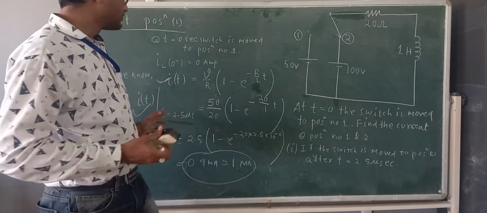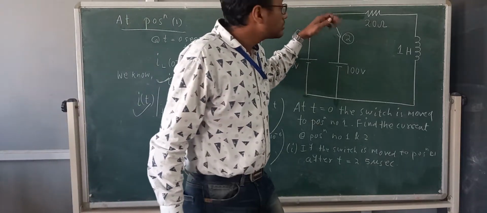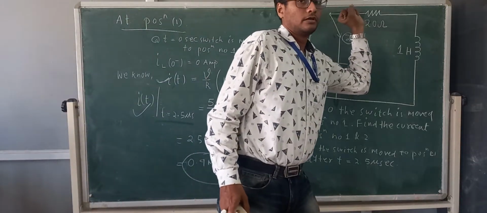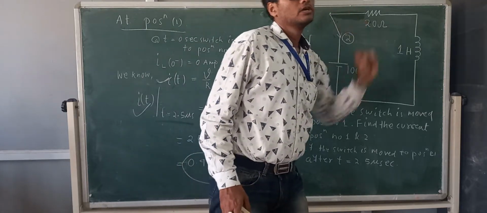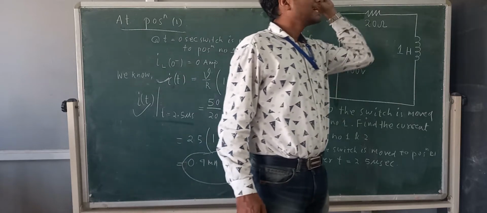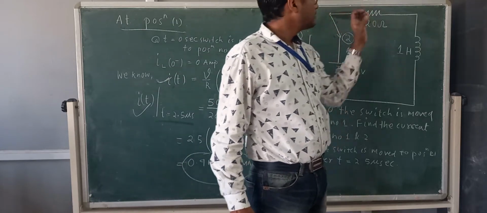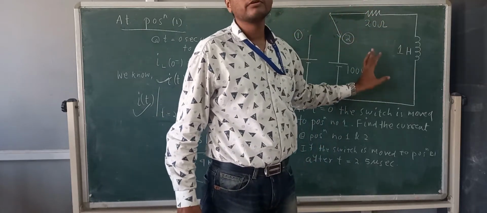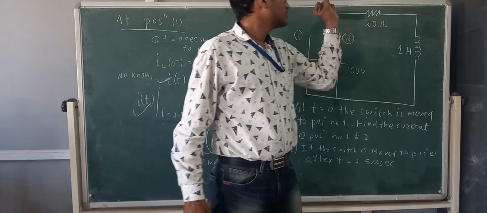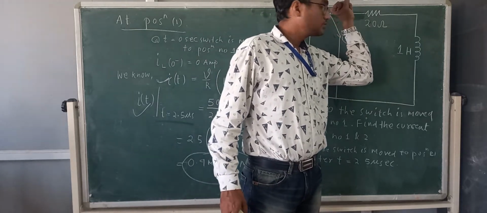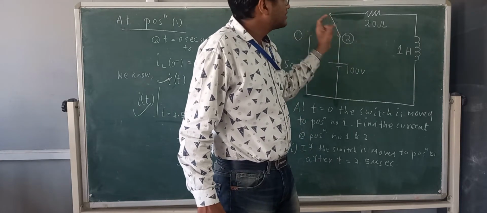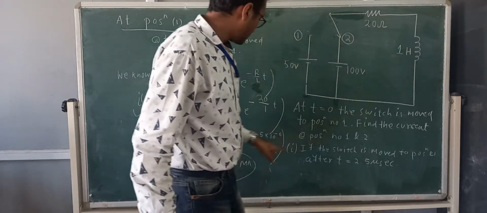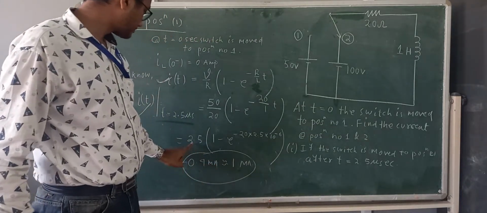Got it. Then after 2.5 microseconds, the switch is moved from this to this. So when the switch is at this position, we have to analyze what the initial current flowing here is.